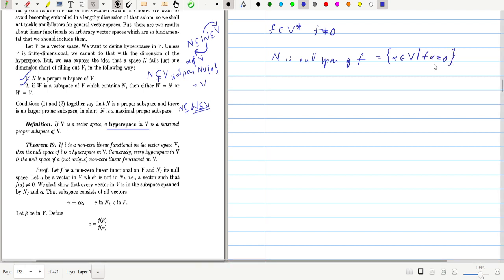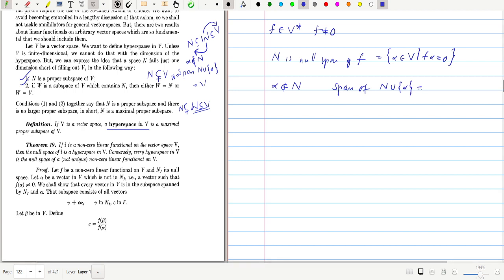If N is the null space of f, we will prove that N is maximal. How will we prove N is maximal? We choose an alpha from outside of N, and we will prove that the span of N union the singleton set alpha will be the whole space V.